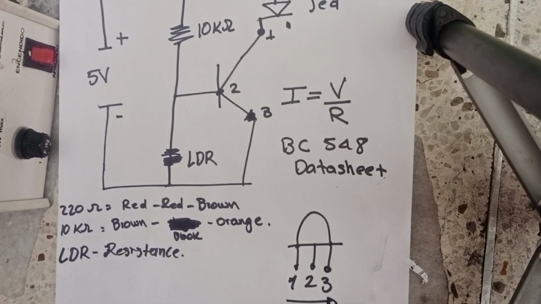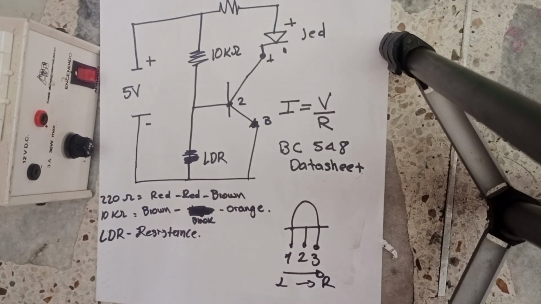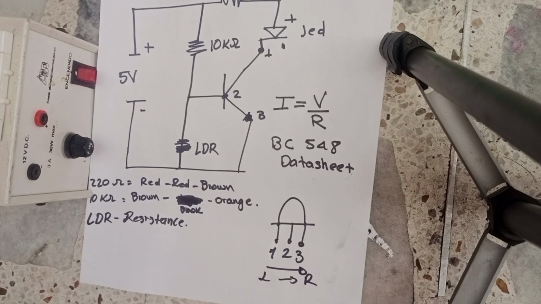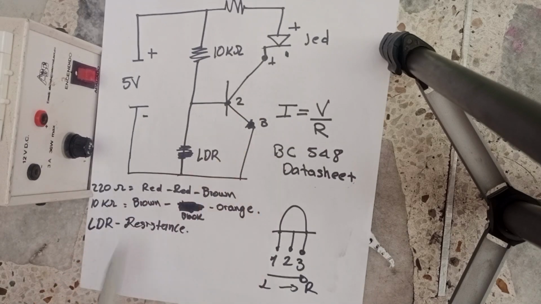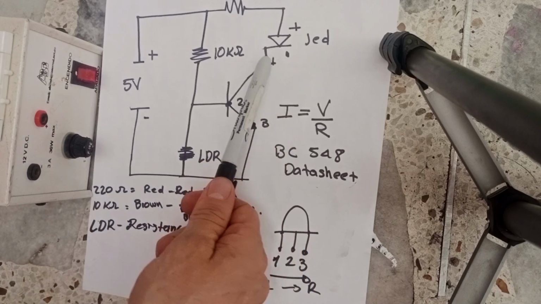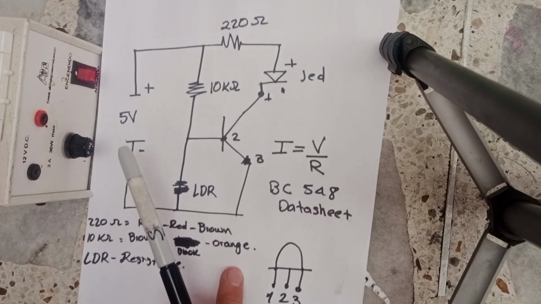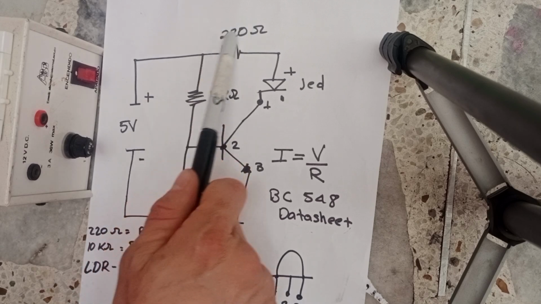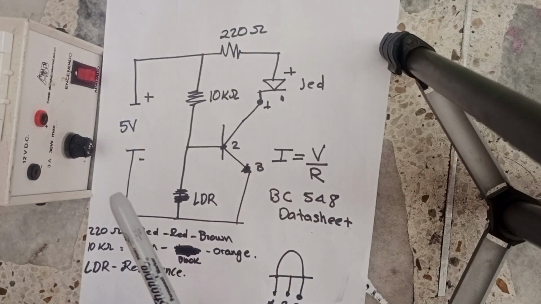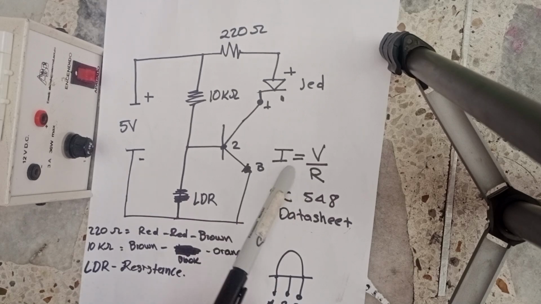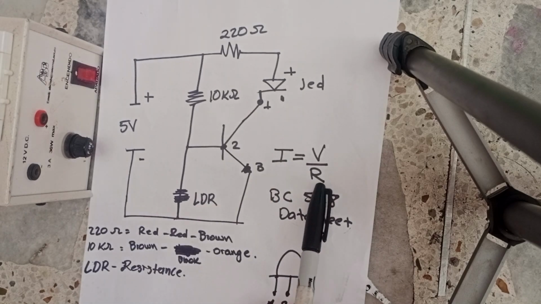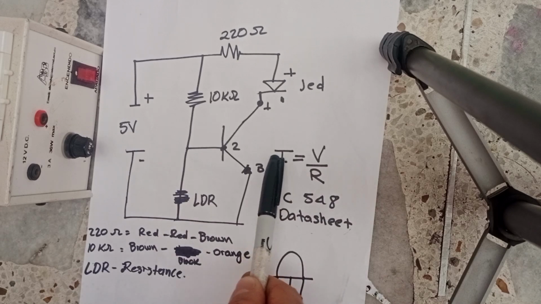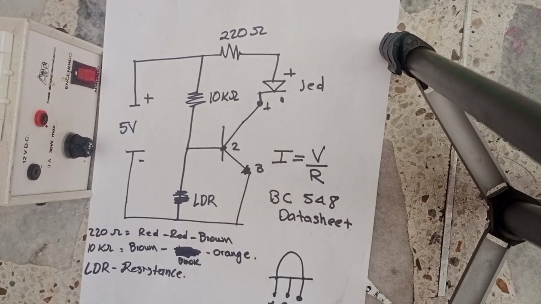Now this is the way that you're going to connect this. At pin number 1, the main idea is that 5 volts is flowing. This resistance is helping us reduce the current: more resistance, less current; less resistance, more current.